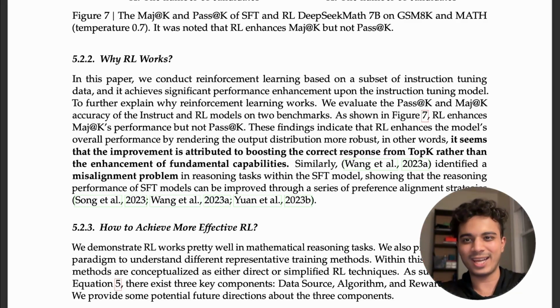But fine. Why RL works? This is important because our entire domain is deep reinforcement learning, and so they conduct reinforcement learning based on a subset of instruction tuning data, and it is a significant performance enhancement upon the instruction tuning model. And let's look at the bold part.